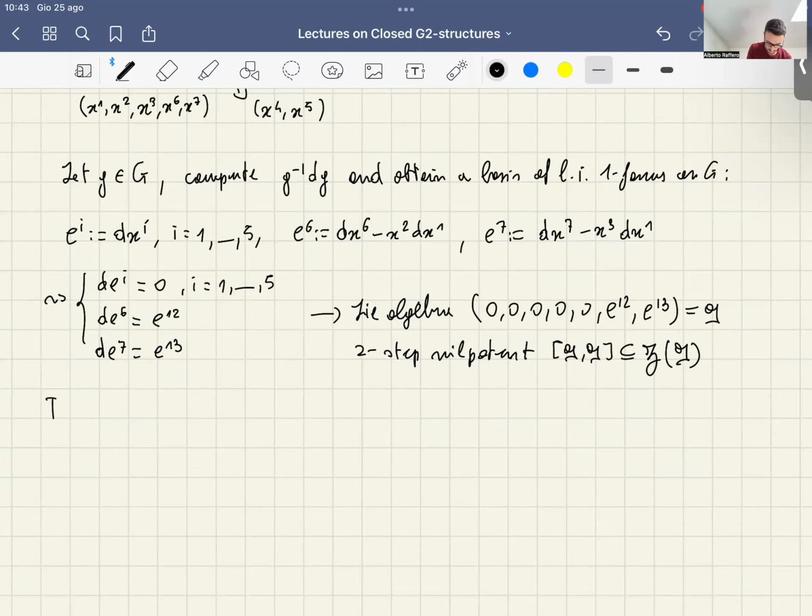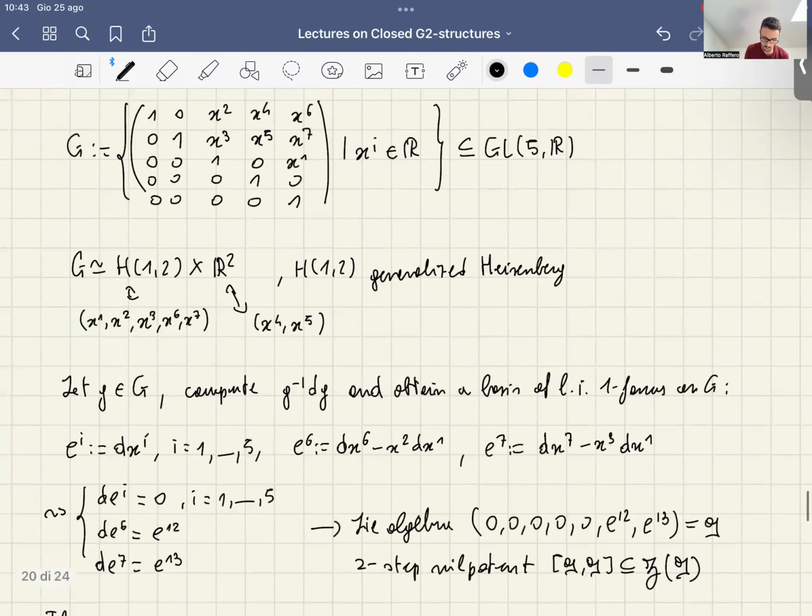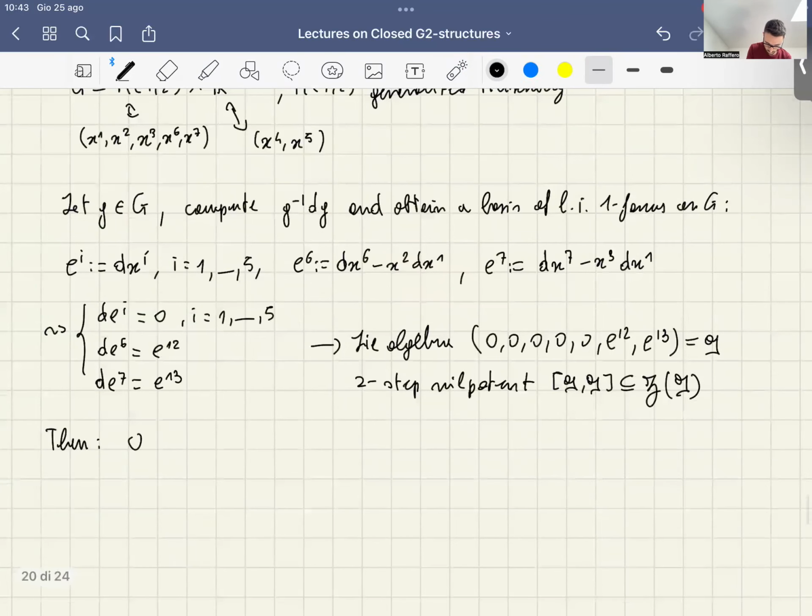And in this case, the choice of the coordinates here was done in such a way that the 3-form we want is precisely the 3-form in standard form. So we have e123 plus e145 plus e167 plus e246 minus e257 minus e347 minus e356.